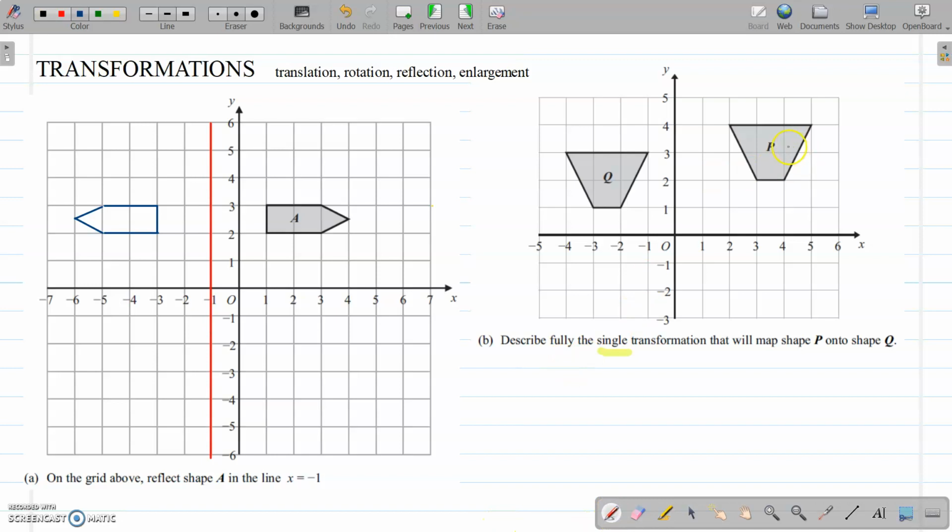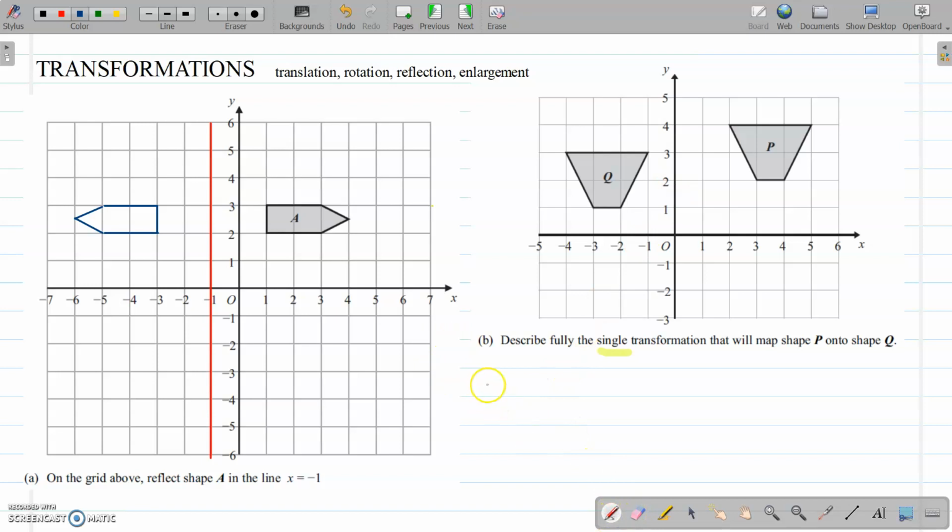Now this is a translation, okay? And it's a translation because what that does to the shape is it slides it along left or right and up or down by a certain amount, but it doesn't rotate it or change its size in any way, or flip it over. So the single transformation we need is called a translation.